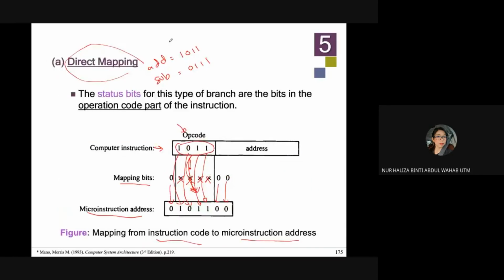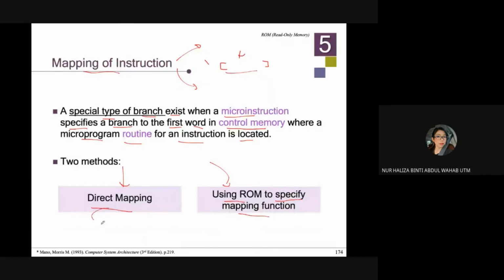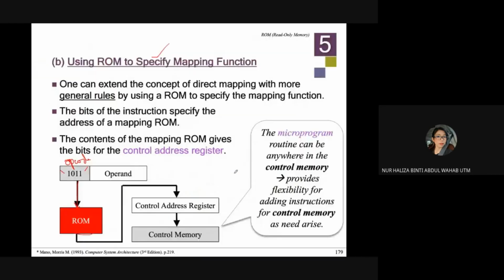Instead of having direct mapping, now you're going to use your ROM to specify the mapping function. That's why this opcode will be sent to your ROM, and then your ROM will decide. It will send it to the control address register, and after that to control memory.